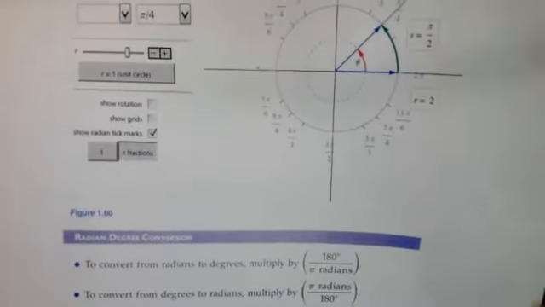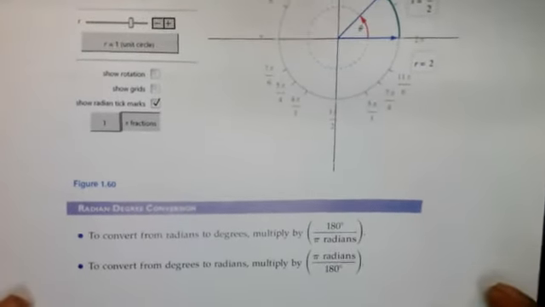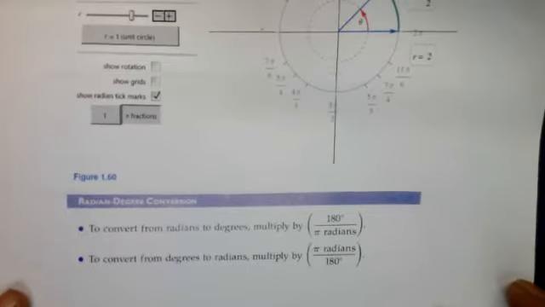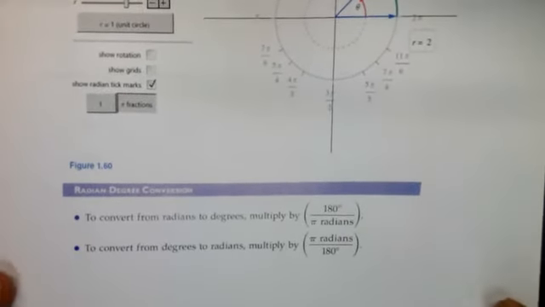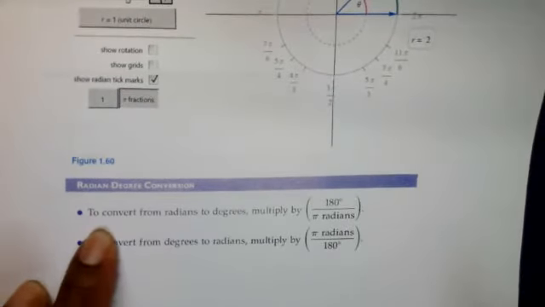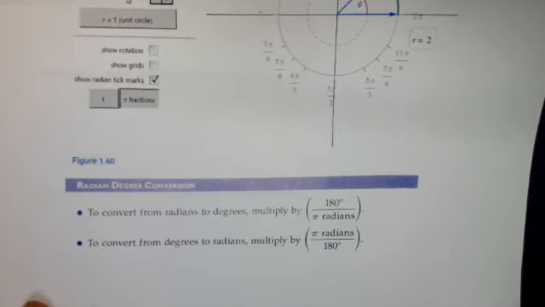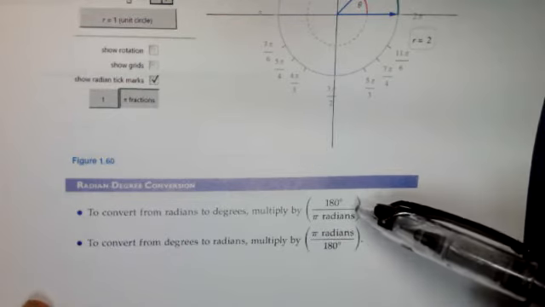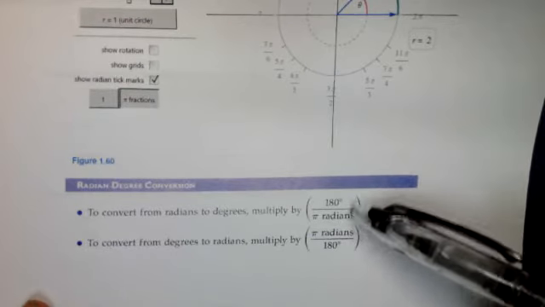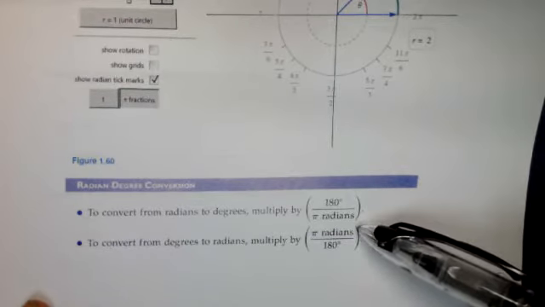Now let's talk about how to convert from radians to degrees, and then from degrees to radians. Here's the conversion that we can use. If I want to convert from radians to degrees, then we need to multiply by 180 over pi radians.